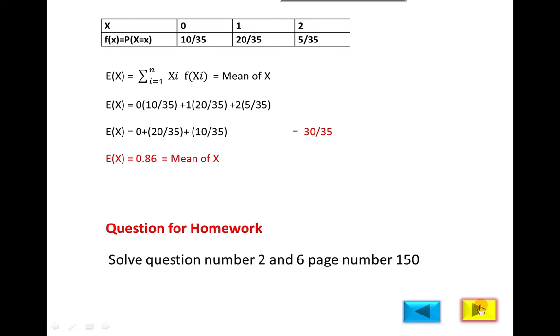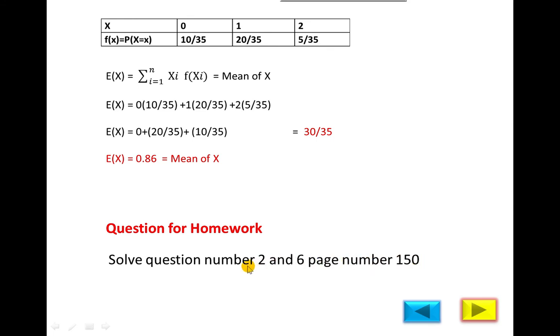Okay. Now for homework, solve question number 2 and 6, page number 150.